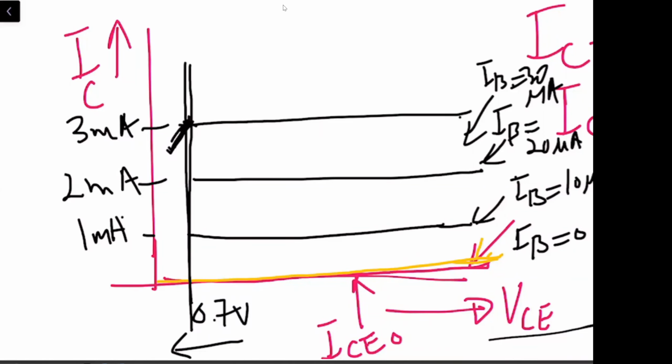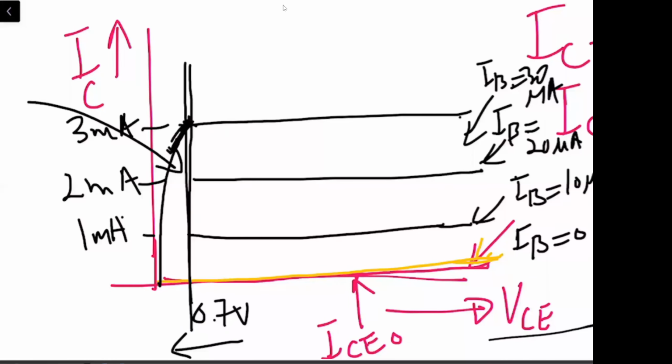And if I start reducing from here, we are going into the saturation region, because from this point onward, the collector base junction and the emitter base junction both are forward bias. Are you with me?